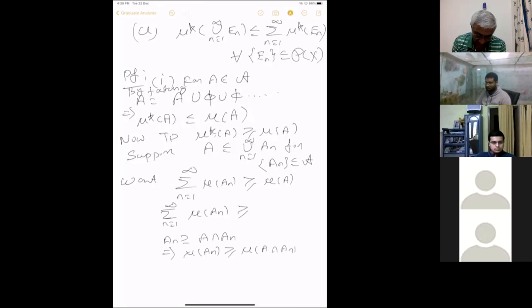So the summation n equal to 1 to infinity of mu of An is greater than the summation of mu of An intersection A. Because An contains this, mu of An is greater than that, so this summation is greater than that. So now that is greater than or equal to mu of A.